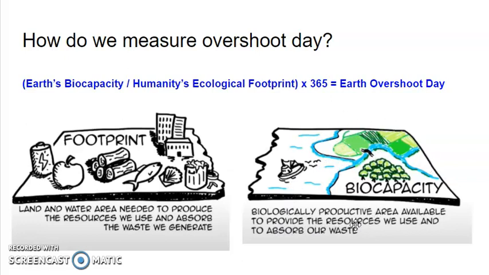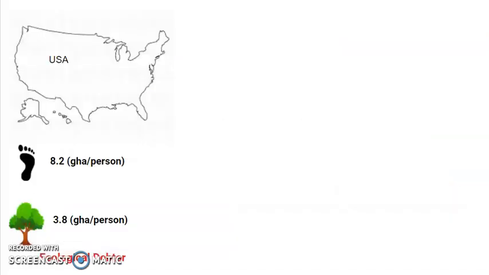That is all calculated as a biocapacity. Human ecological footprint is land and water area needed to produce the resources that we use and absorb the waste that we generate. So to calculate overshoot day, they take the biocapacity area divided by footprint.